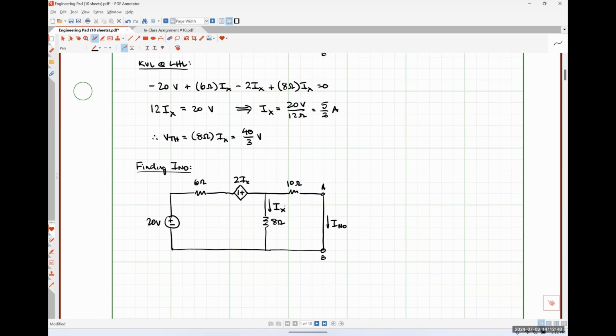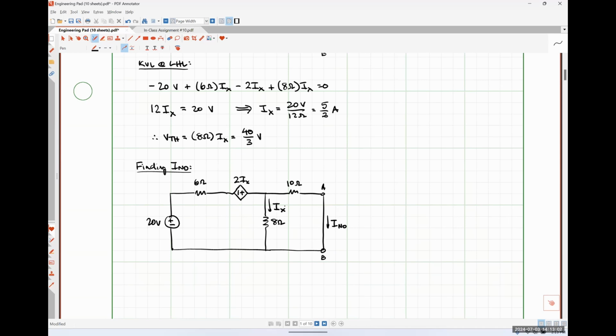Mesh analysis. Mesh analysis seems like a perfectly reasonable approach to me here, because the only other way I could think of would be harder to do.